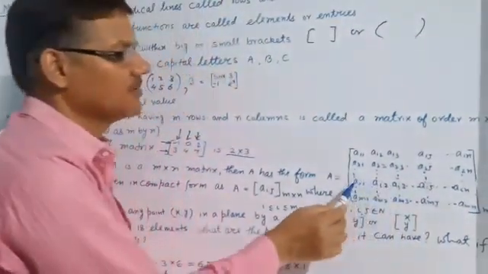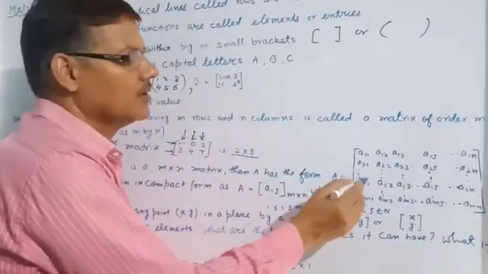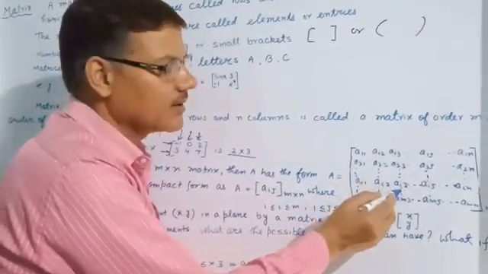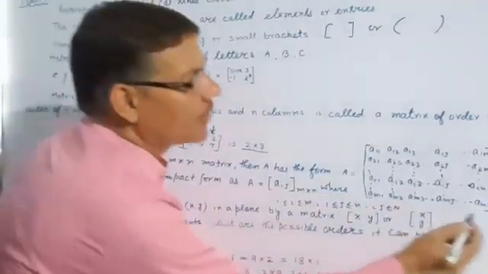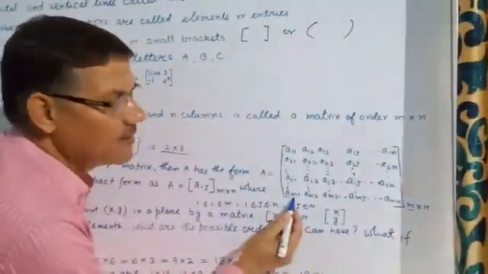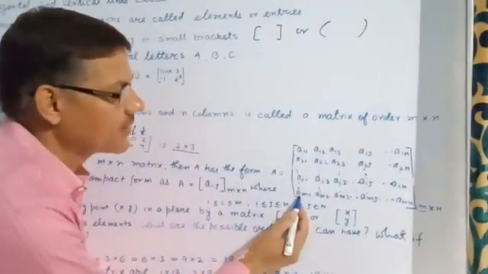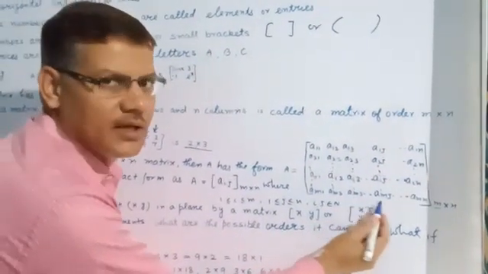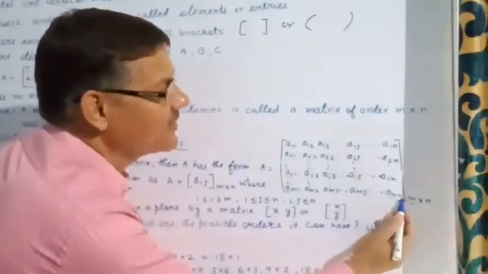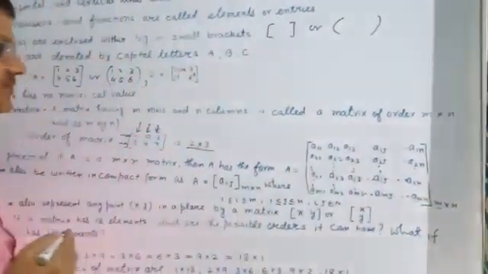So its elements become ai1, ai2, ai3 up to ain. Last row, that is of order m, so the last row will be m. So its elements are am1, am2, am3, amj and the last one is amn.